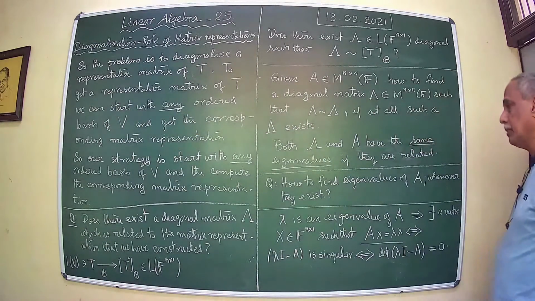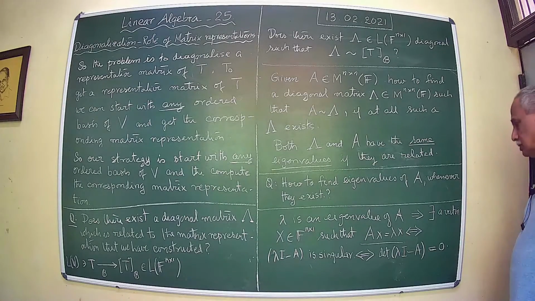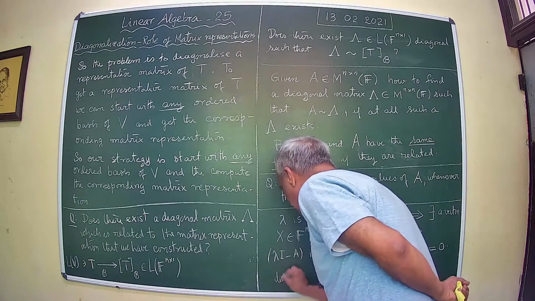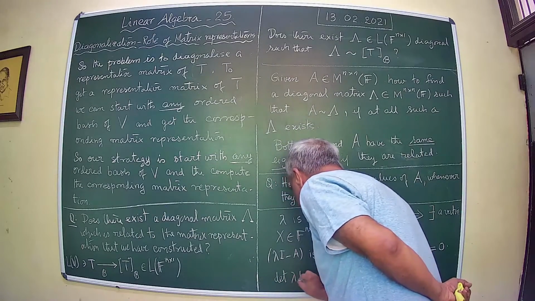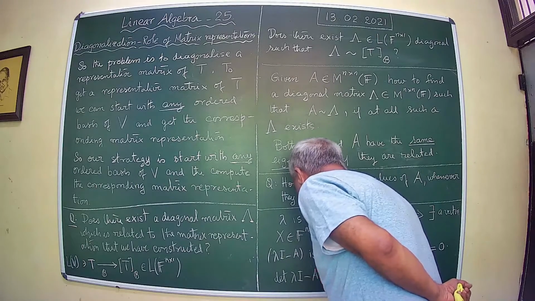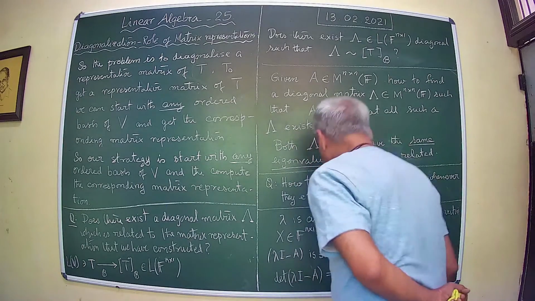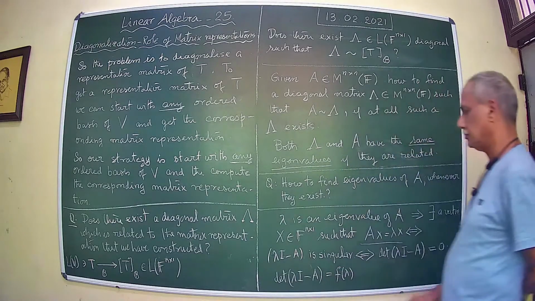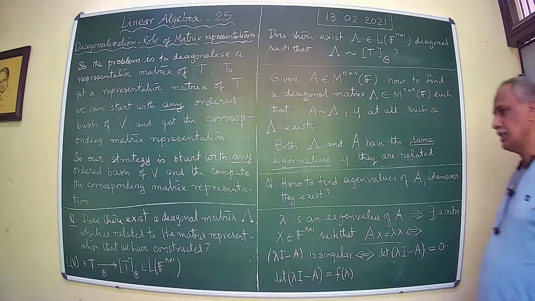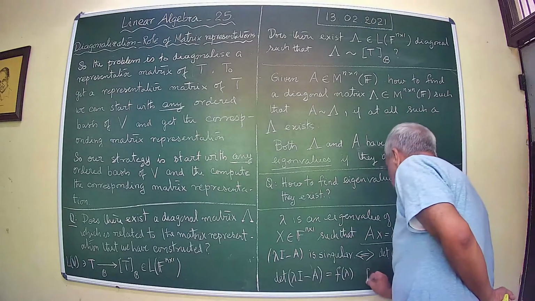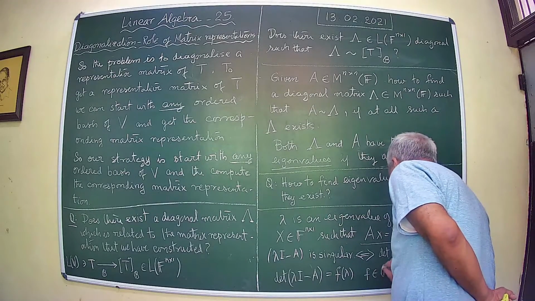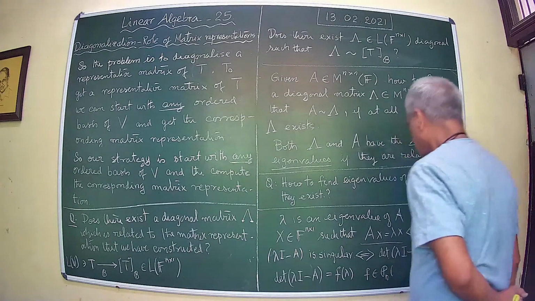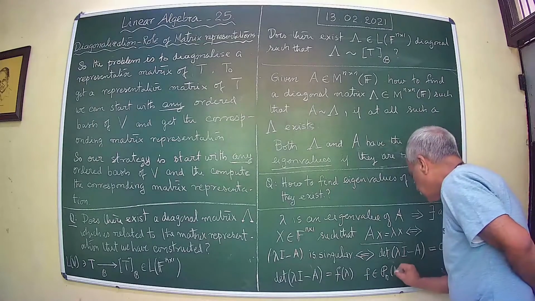This is a polynomial, the determinant of lambda I minus A is a polynomial f(lambda) with coefficients in F, where f belongs to P_n(F).